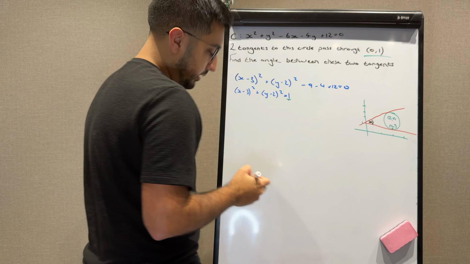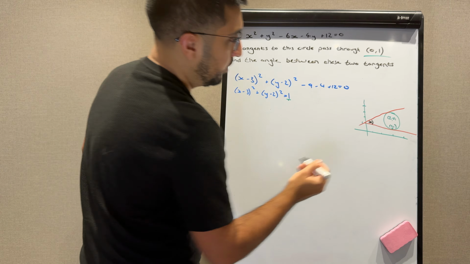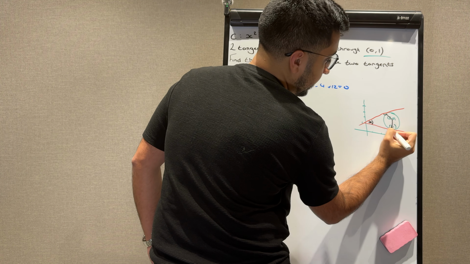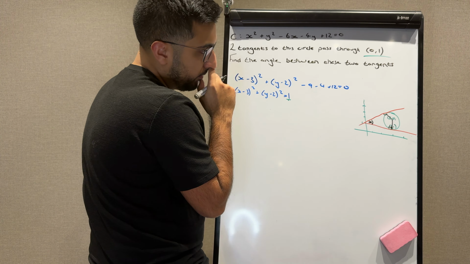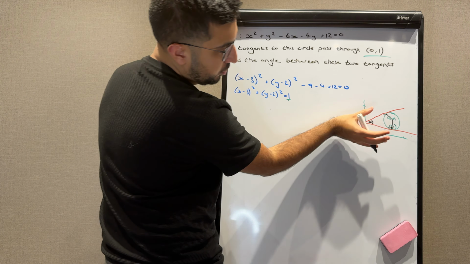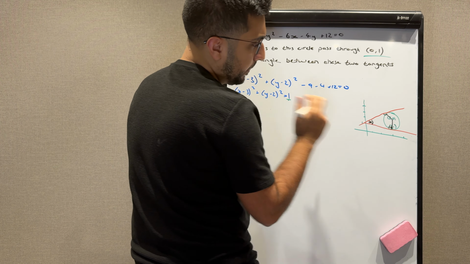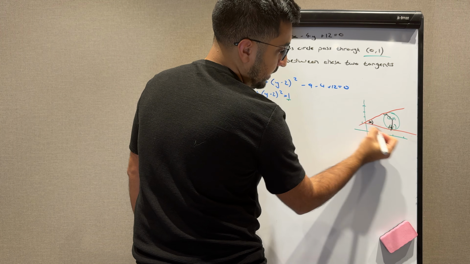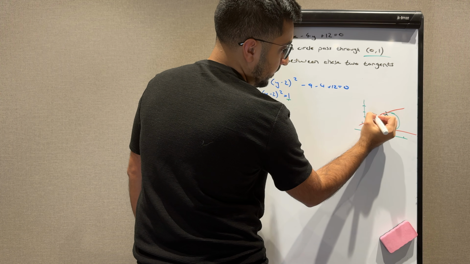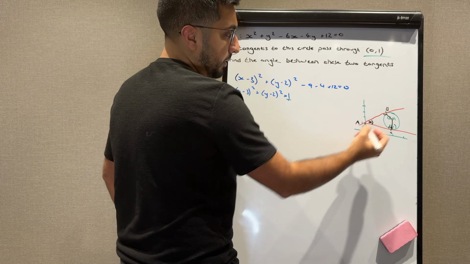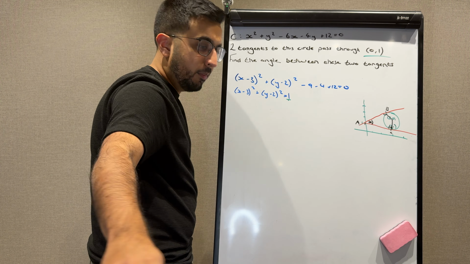Call it x. We know this line here is a radius, at a right angle to the tangent. We know this line here is also a radius, at a right angle. We currently have this kite-looking shape, if you tilt your head. Because these are both tangents, let's call the points A, B and C. The distance from A to B is equal to A to C. Remember circle theorems.